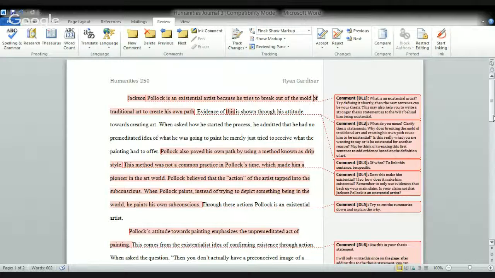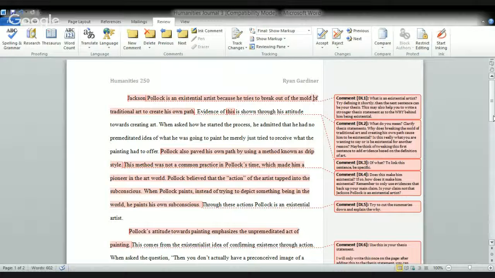So something like that. Another thing that I would mention for your thesis statement, instead of just saying Jackson Pollock is an existential artist because he tries to break out of the mold, maybe mentioning something about the subconscious, what an existential artist is, and using the points that you're making throughout the paper, such as Pollock's attitude towards painting emphasizes the unpremeditated act of painting.